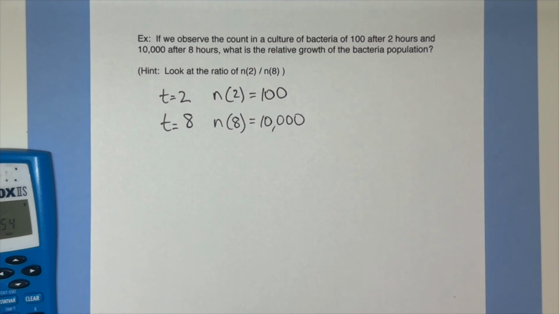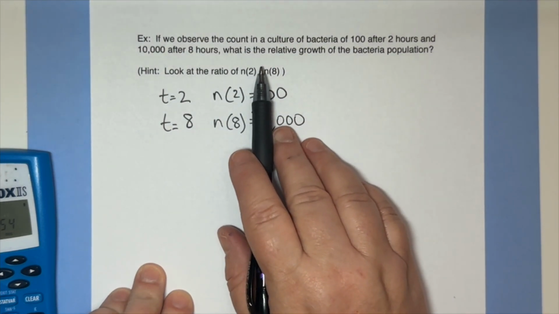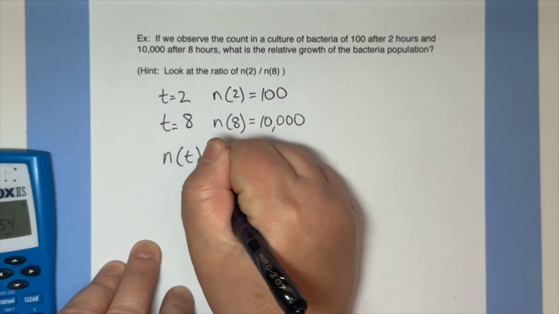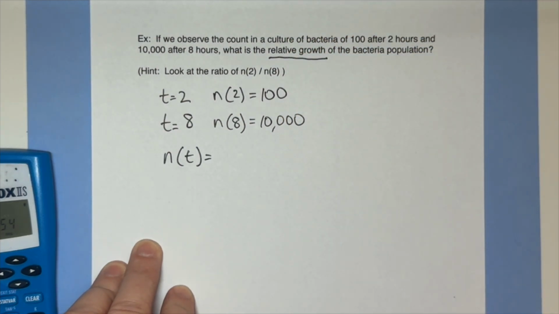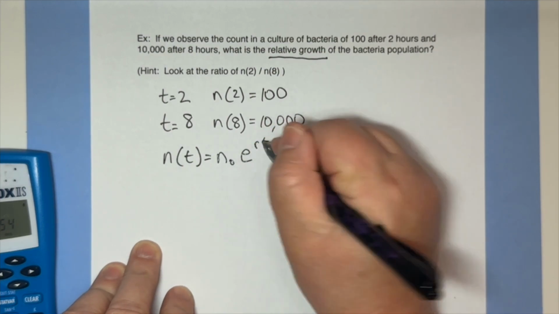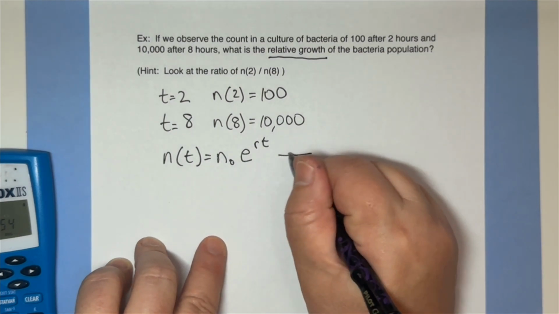There is a trick to this. And the trick is, look at the ratio of N of 2 over N of 8. So I know my N of t. Since I'm talking about relative growth rate, that means I'm going to use the e to the rt formula, right? So that's when I've got relative growth.